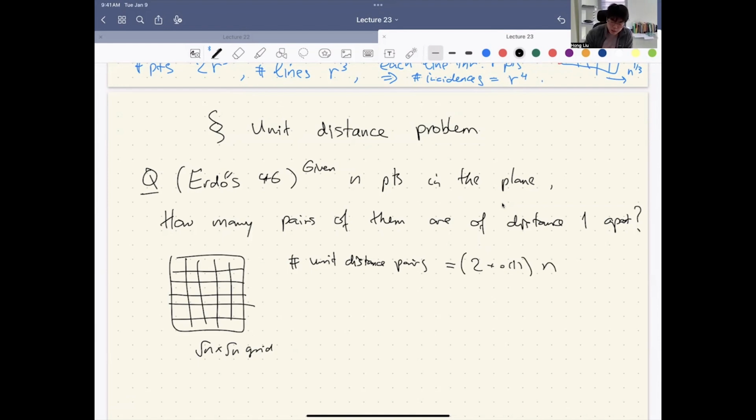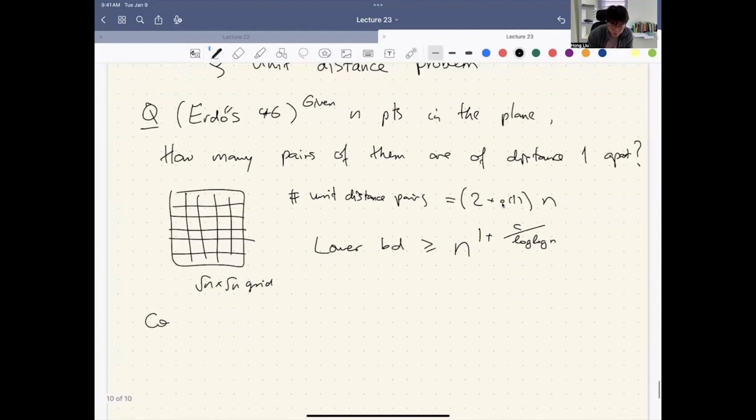So far, the lower bound is superlinear, n to the 1 plus some constant over log log n. So superlinear lower bound. From the other side, the upper bound, Erdős conjectured that the maximum cannot be much more than linear. So this is a major conjecture.